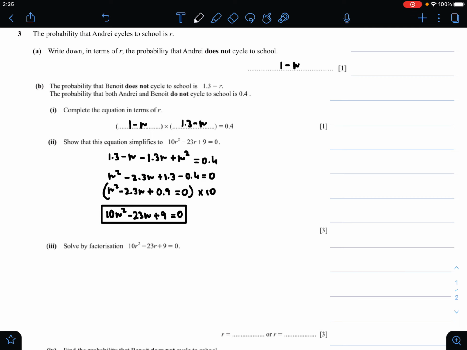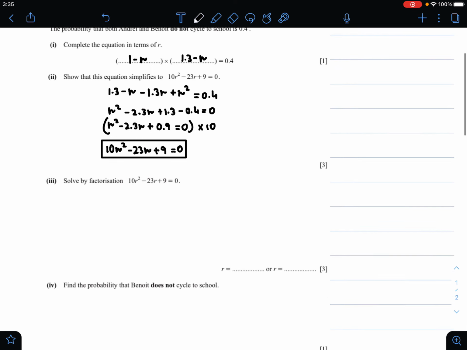Now let's move to B part 3, where they are asking us to solve by factorizing this. Since r square has a coefficient, we first multiply the coefficient with the last term. So 10 multiplied by 9 is 90.